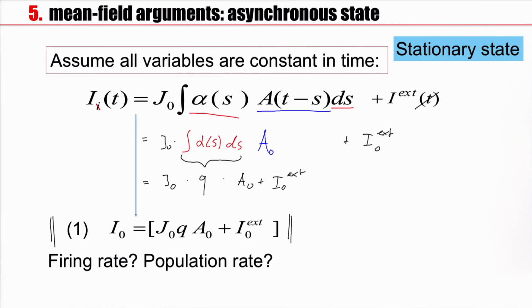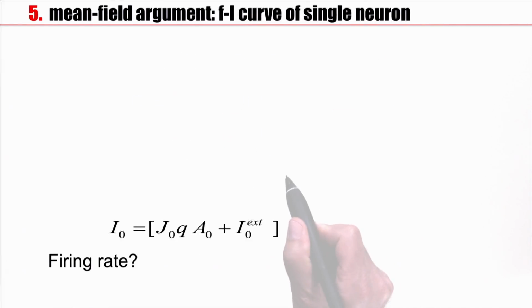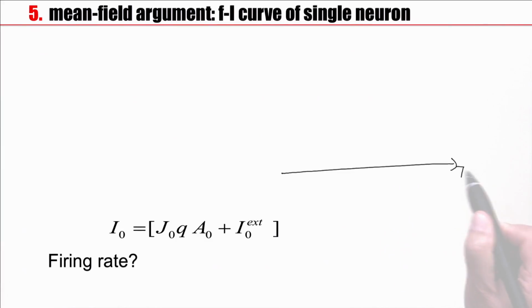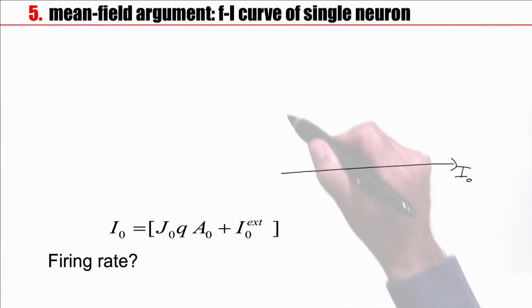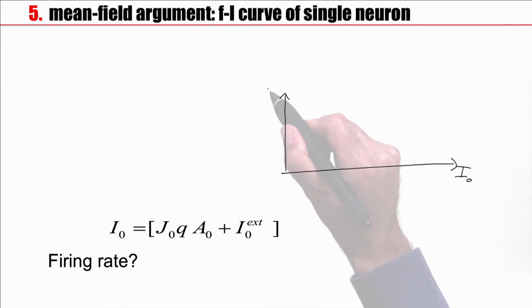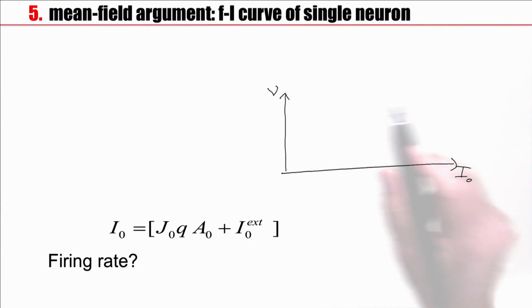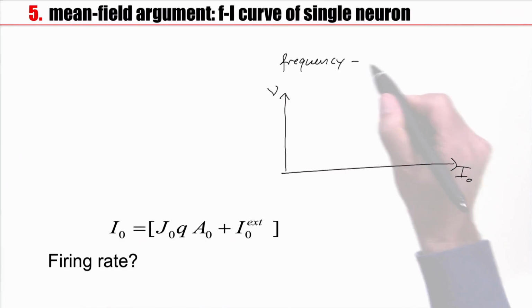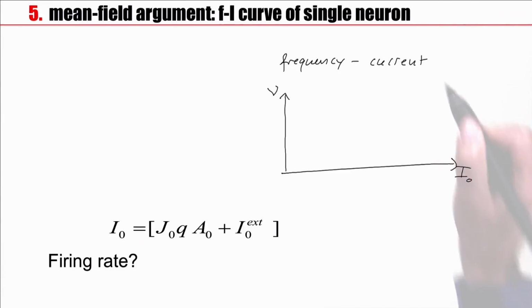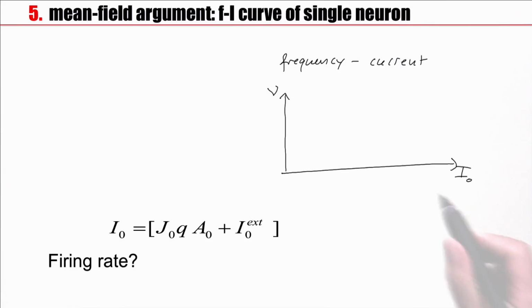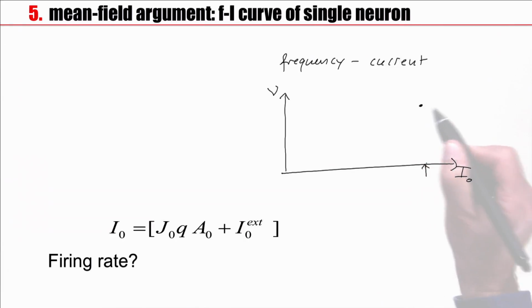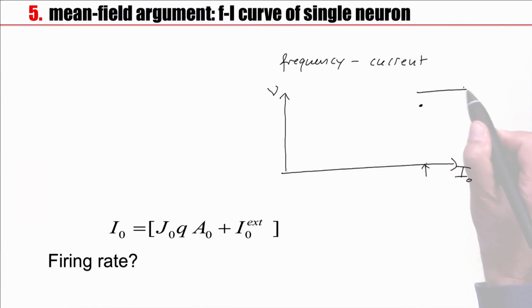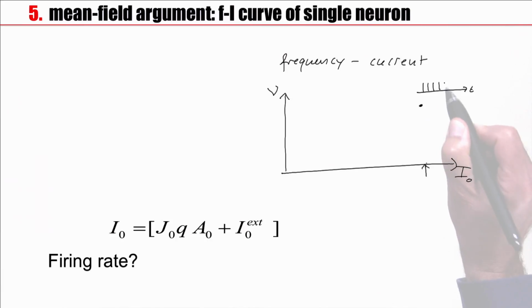Now, what happens if you drive a neuron with a constant input? Well, let's just draw here the total input, I0, constant input, and let's draw here the firing rate. Let's call it nu. So this is the frequency of firing, and this is the current. So it's frequency versus current, or f-I curve of a neuron. So if I give a high current, strong constant input current, the frequency of firing is high, which means as a function of time, the neuron will emit many spikes.